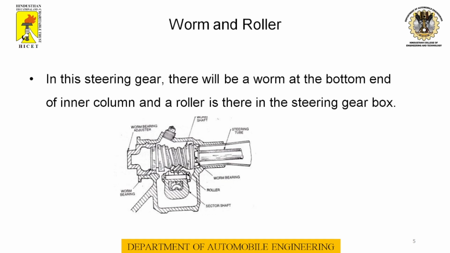This roller rotates, thereby moving the drop arm. The worm is at the bottom end of the steering column in the steering gearbox housing. So this method is also used in many types of vehicles.